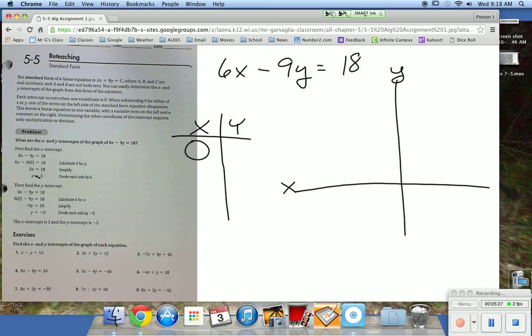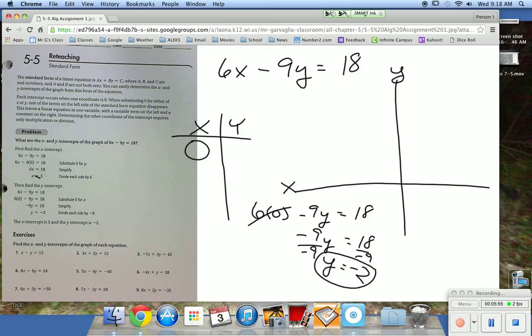Let's try it. If I put 0 in for x, I end up with 6 times 0 minus 9y equals 18. This goes away, so minus 9y equals 18. Divide both sides by negative 9, and I find that y equals negative 2.